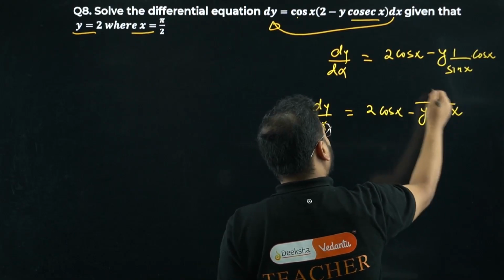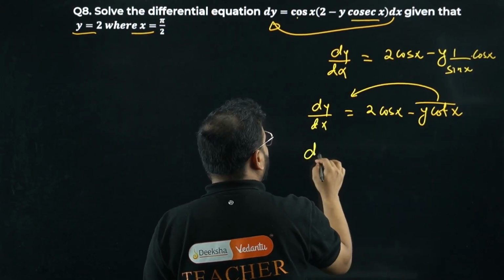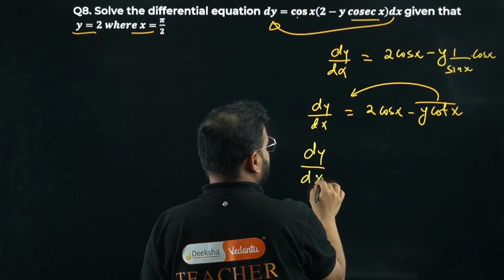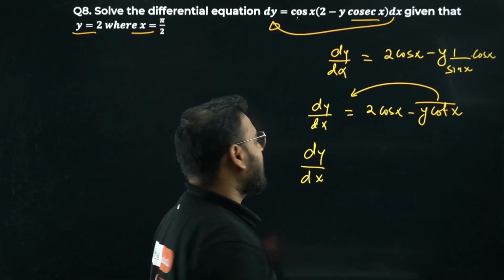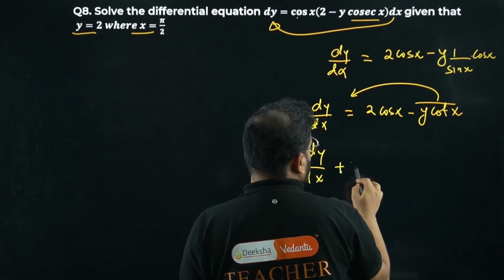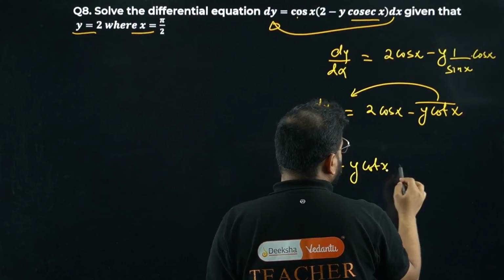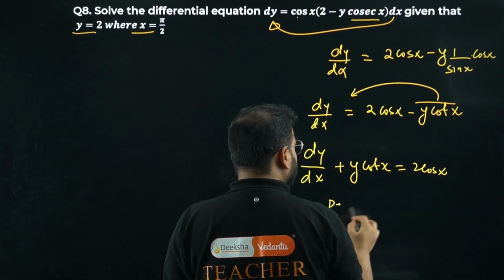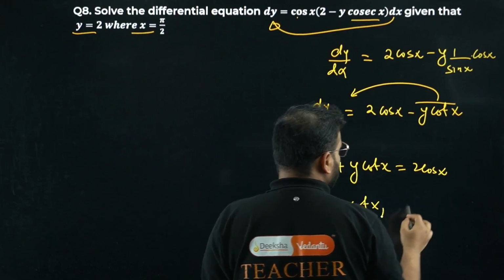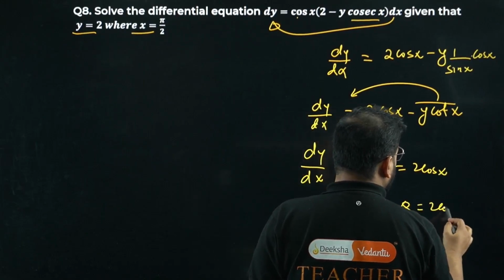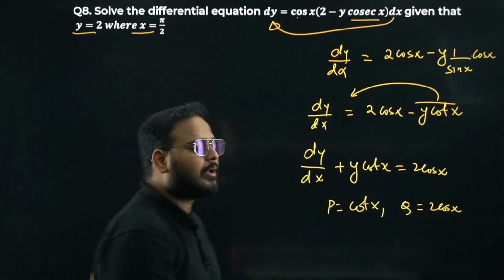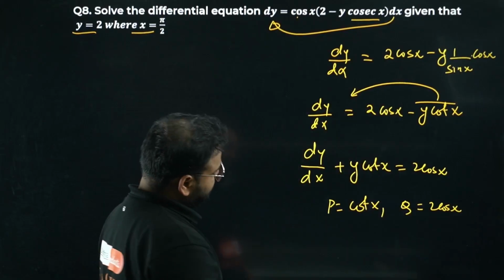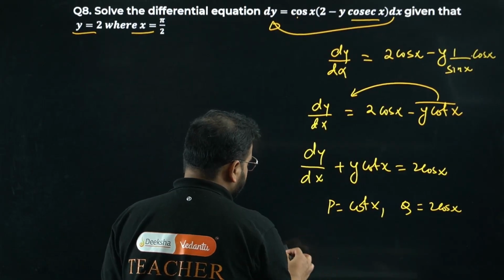Bring this term on this side to have the form of LDE: dy by dx plus y cot x equals 2 cos x. Y is the dependent variable. Not a problem. So p is nothing but cot x and q is nothing but 2 cos x. Clear? Okay. Let's integrate to find the IF value.